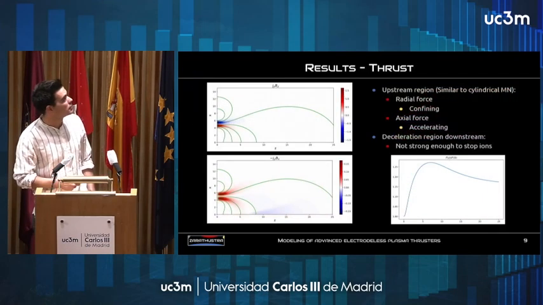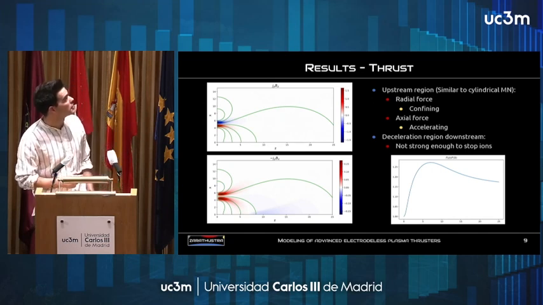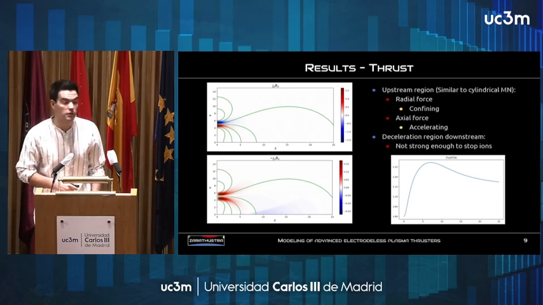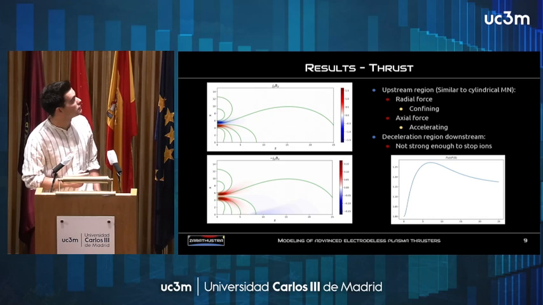Here I show you. Here we can see a little bit better some of these features. This is the X component of the magnetic force, and as we see, we have a radial confinement and an acceleration in the first part.